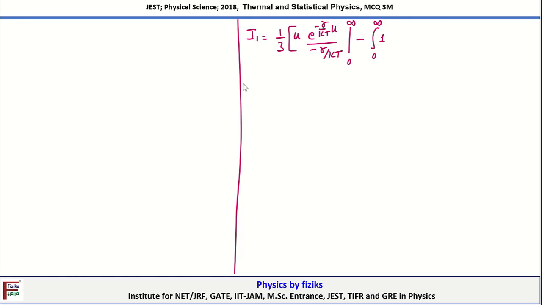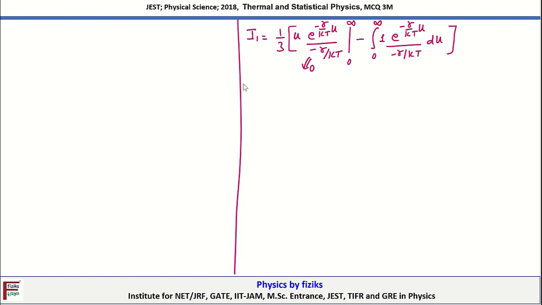And then integral of second, so exponential minus gamma by kT u divided by minus gamma by kT, du. Okay, so this term goes to 0: when the limit goes to infinity, the exponential term goes to 0, and when the limit goes to 0, then this u goes to 0.